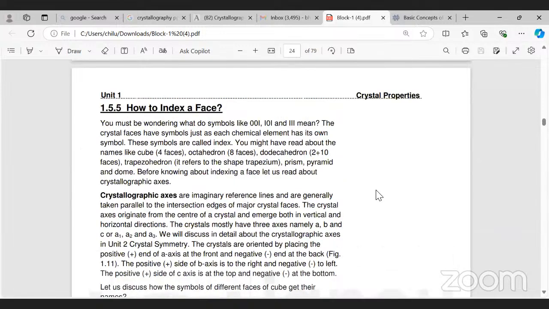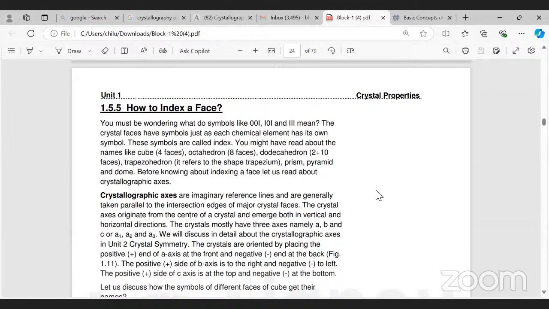What we have seen are symbols like 0 0 1, 1 0 1, or sometimes maybe we see 3 1 also. Depending on the crystal faces, we give symbols based on the arrangement of chemical elements. So here the symbols are known as an index.